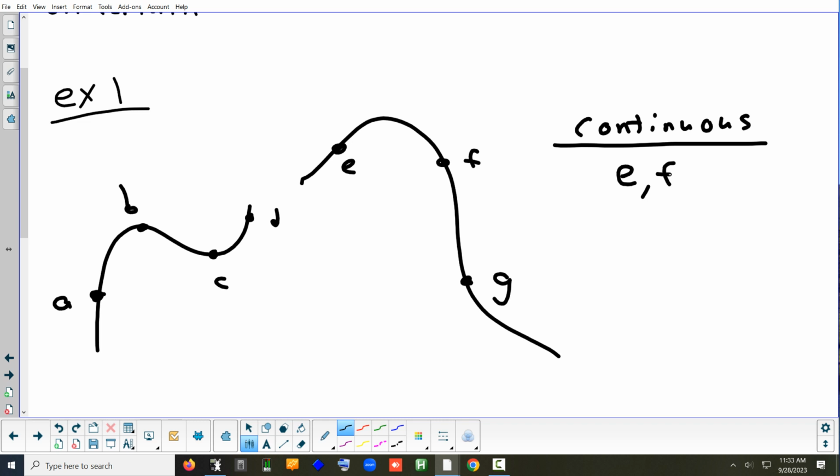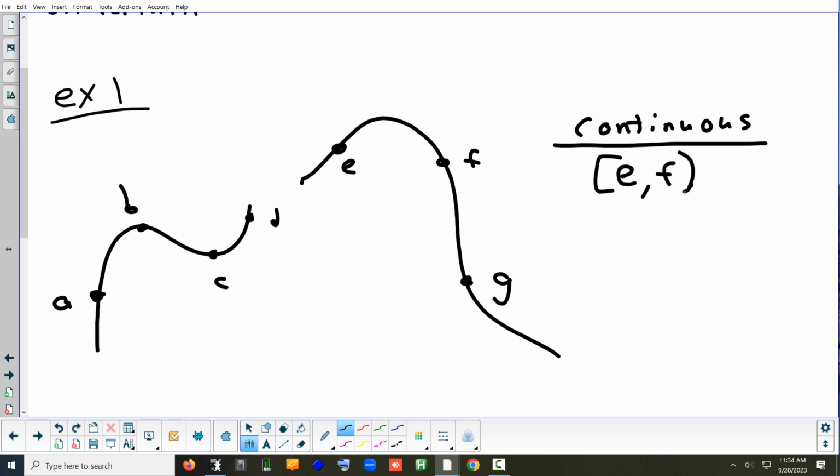You can do a closed bracket, but because it appears that everything after F is continuous, I would put an open bracket. You could do it any way you want. Open brackets or closed brackets, it doesn't really matter. You can trace from E right up to F, or you can trace from E and include F. Either way, it's continuous.